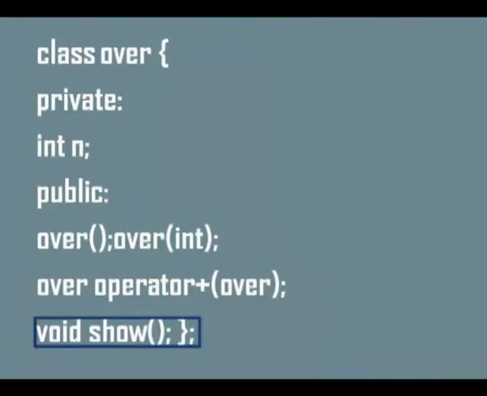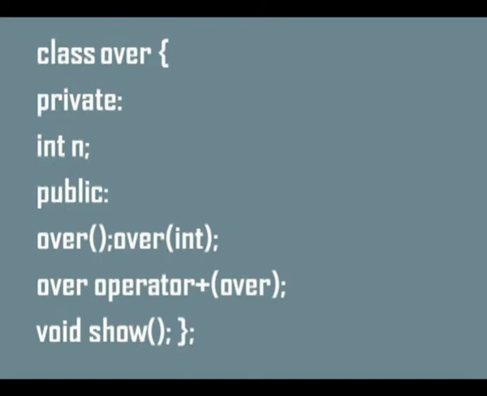Next we are again having the display function to display the result. So, how does the compiler identify this operator overloading and how does it call the function? Before we go to the main function, we have to first define the constructors and this operator function in the class.